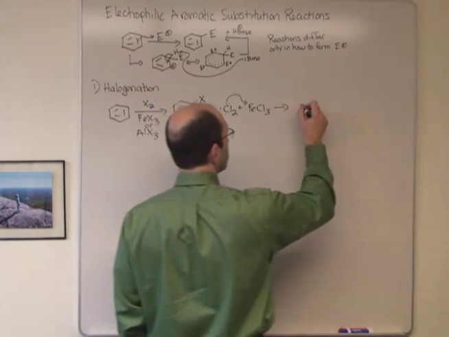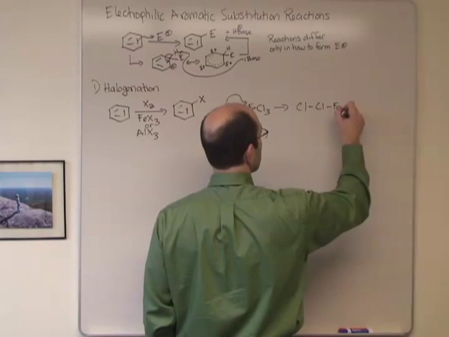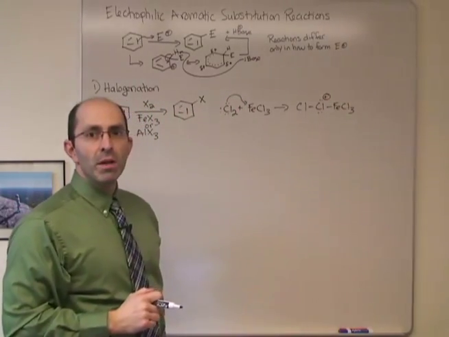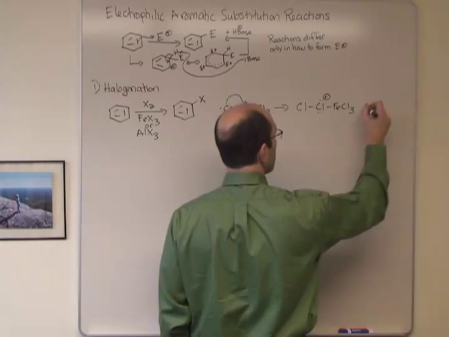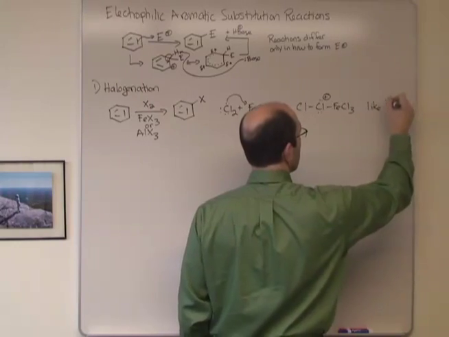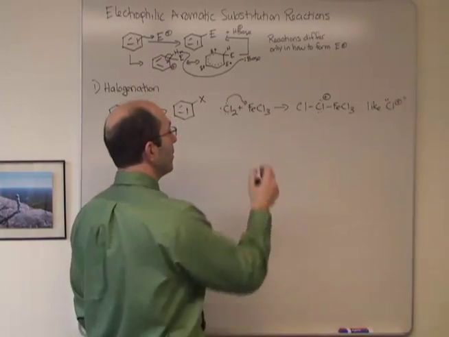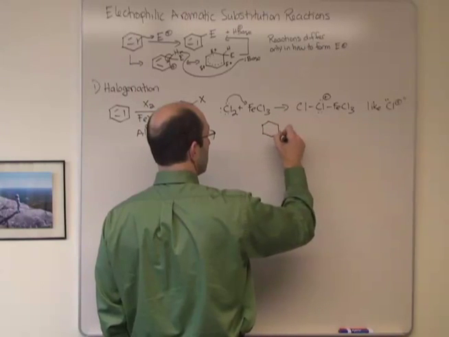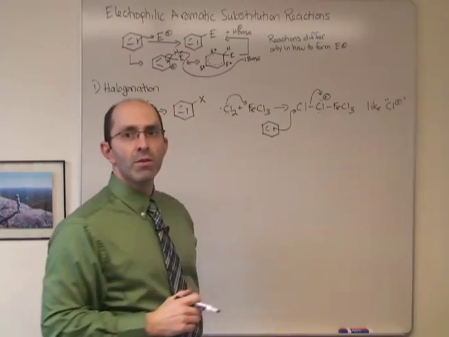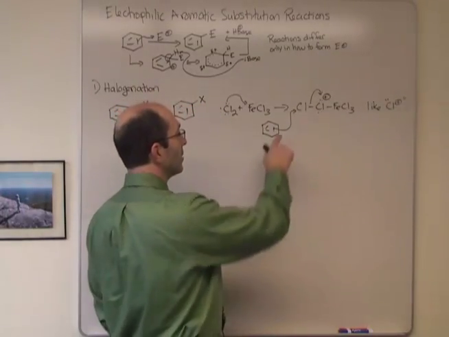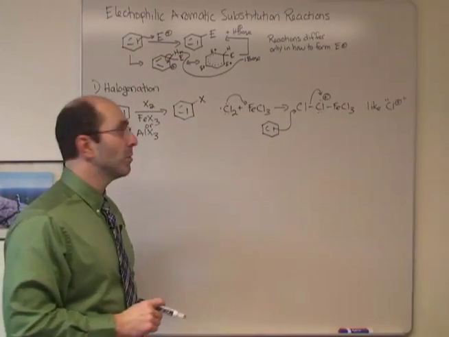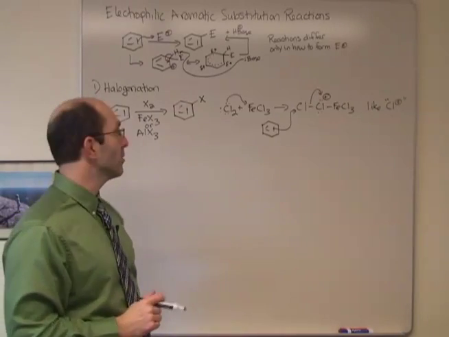And that will generate that intermediate, and this behaves like Cl plus, right? It's not Cl plus, but it behaves like it, because now what can happen is that benzene can add to the terminal chlorine, and it makes the bond that we need, right? And now we're up into this position where we're doing our electrophilic aromatic substitution reaction, right? So that's part of the mechanism.